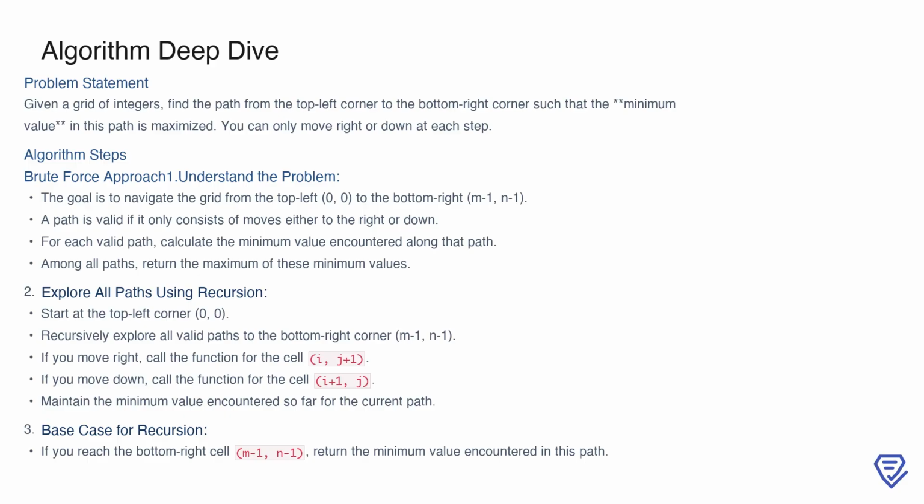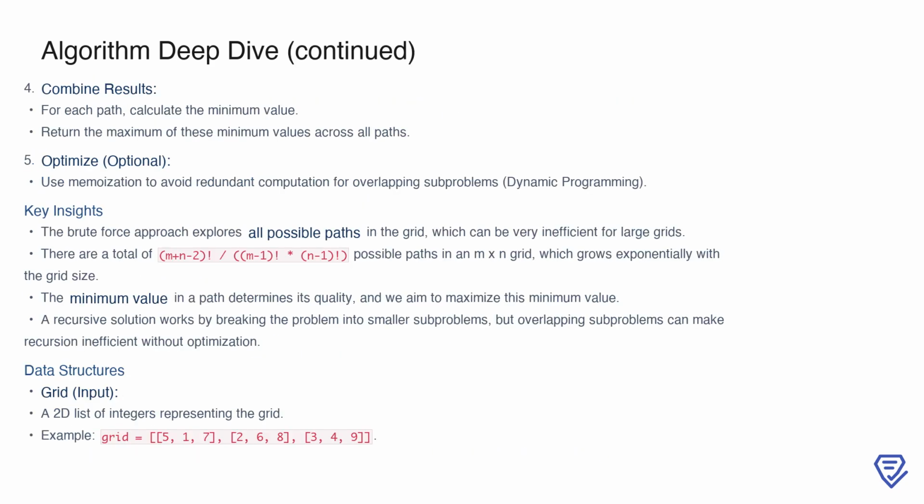However, we must account for a base case. If we're already at the bottom right corner, we return the minimum value for the current path immediately, as no further moves are possible. After calculating the minimum value for all possible paths, we then find the maximum among these minimum values to determine the optimal path. This represents the best path based on the problem's constraints.